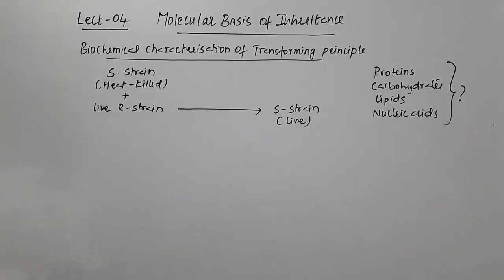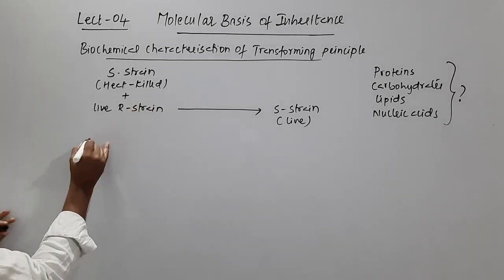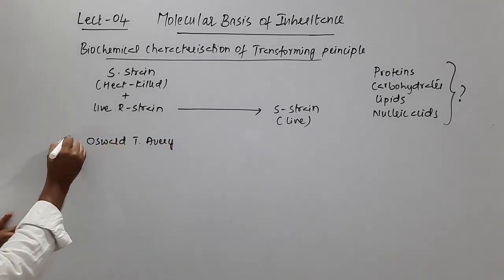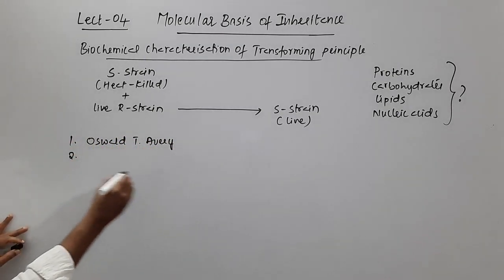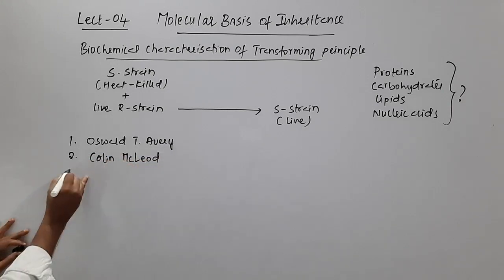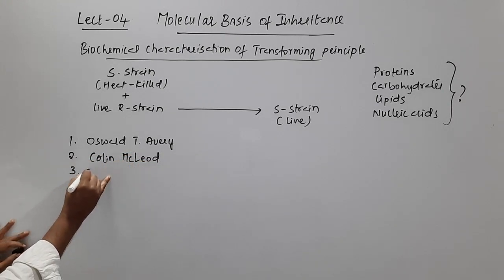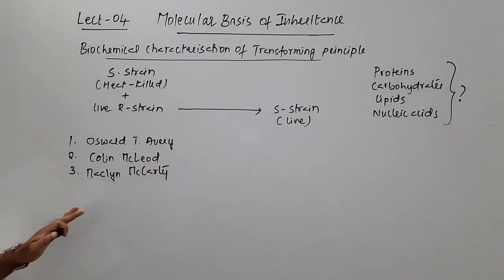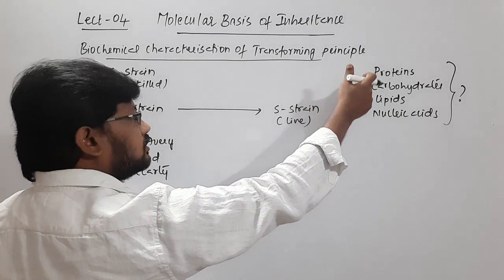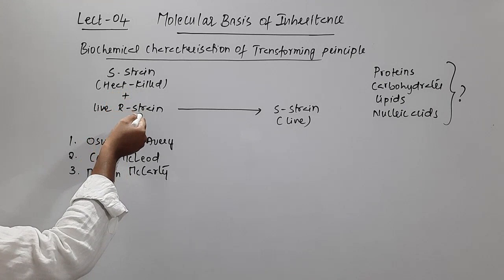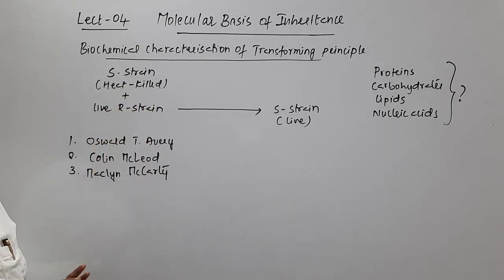Now, to solve this, three scientists, Oswald T. Avery, Colin MacLeod, and Maclyn McCarty, did an experiment to find out which of these, proteins, carbohydrates, lipids, or nucleic acids, passed from the S strain to the R strain and converted the R strain into S strain.